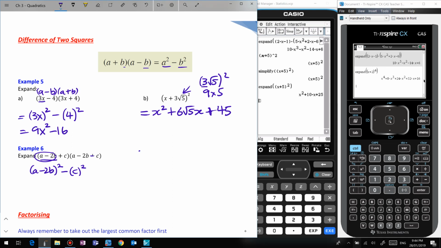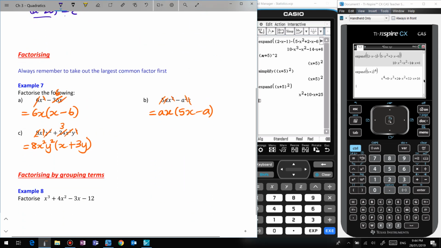Altogether that's going to be a squared minus b squared. So this term here is your a, and this term here is your b. So a squared minus c squared. You don't have to put a bracket around that one. Some kids will find that hard to see. Okay, so we did those factorising.